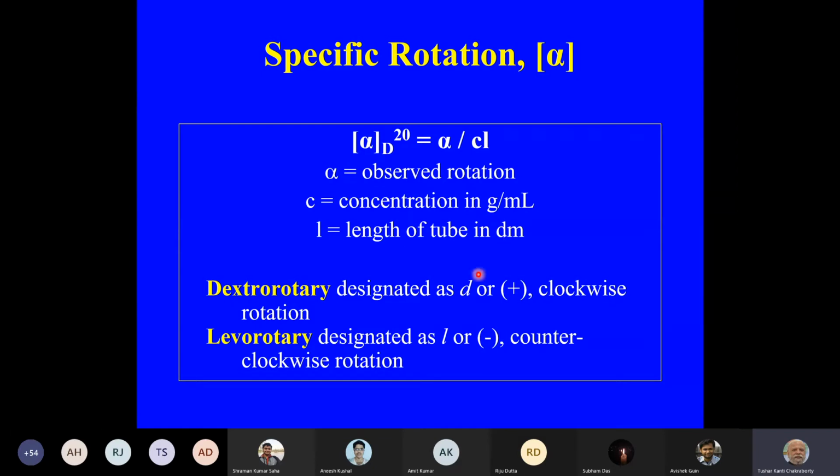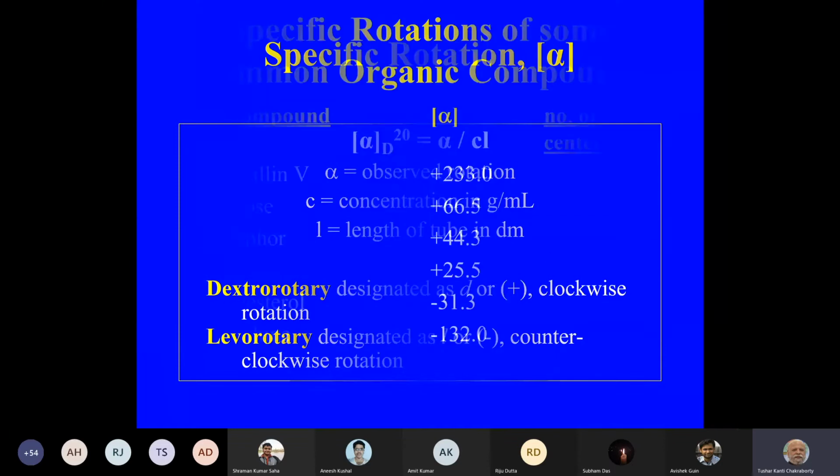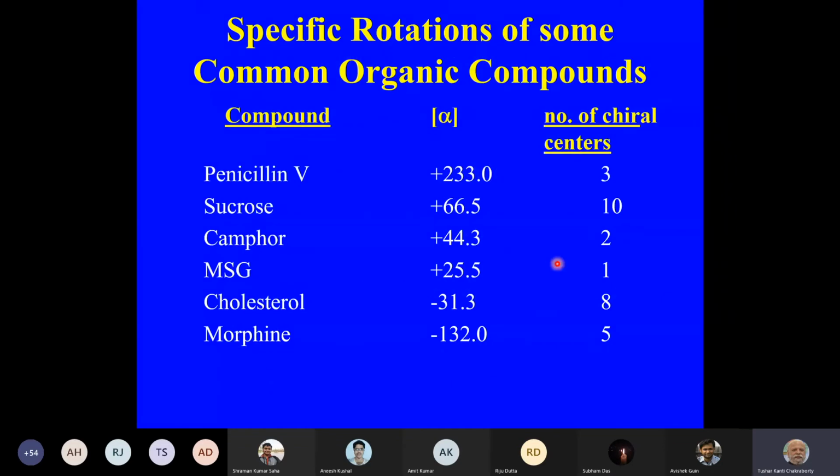If it shows a positive sign rotation, we call it plus, sometimes designated as small d, and it is clockwise rotation. Levorotatory is sometimes denoted as L, and it is counterclockwise rotation. You measure this rotation in a machine, and then you get plus 233.